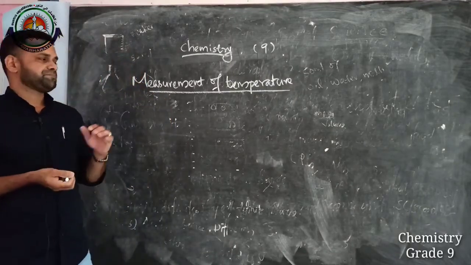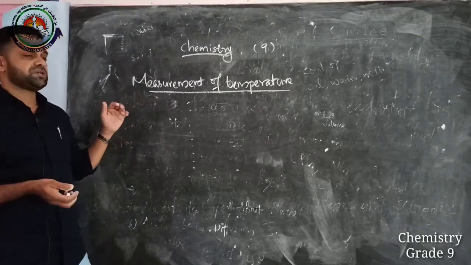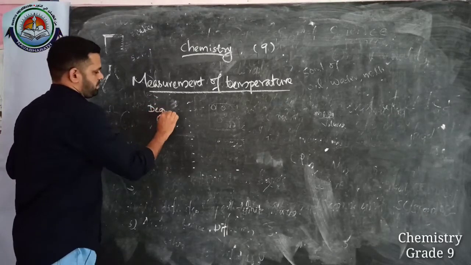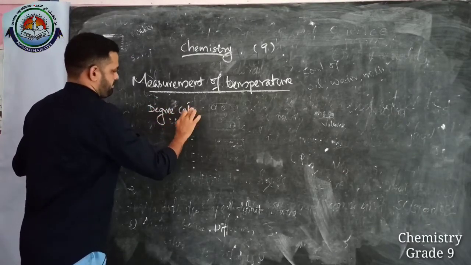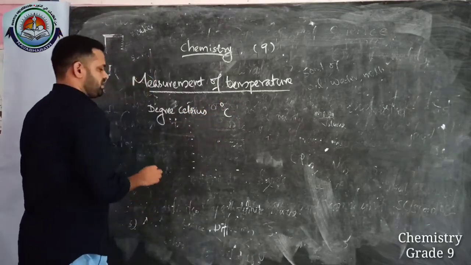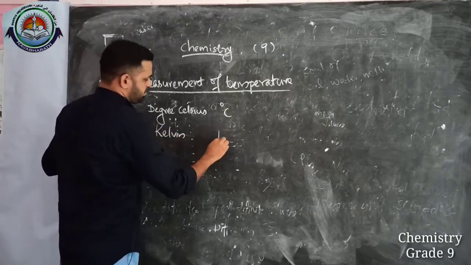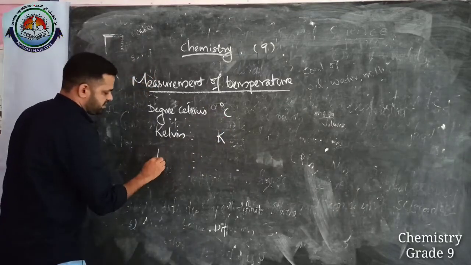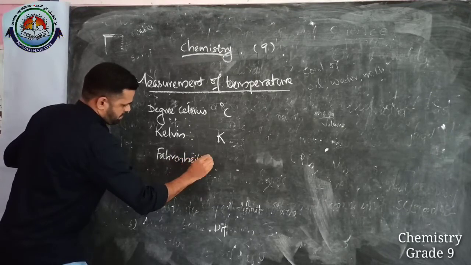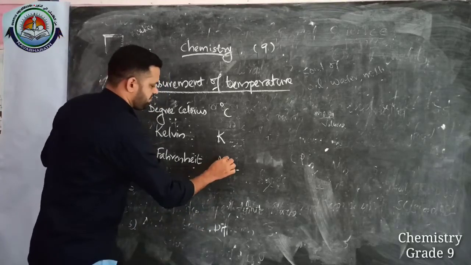Normally the different scales available for measuring temperature are degree Celsius, as we represent like this, and then the Kelvin scale, represented by K, and then the Fahrenheit scale, represented by degree Fahrenheit.